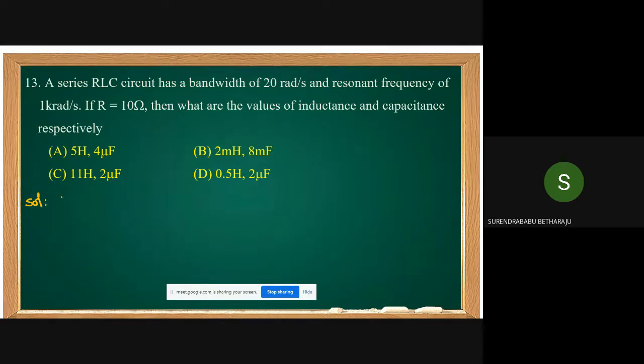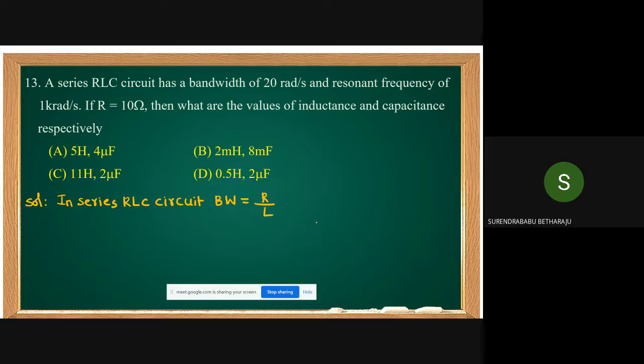In a series RLC circuit, what is the formula for bandwidth? Bandwidth equals R by L. All these concepts are already given, students, so please go through the previous lectures.